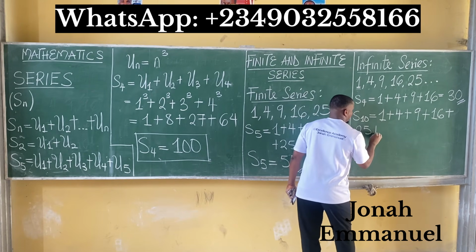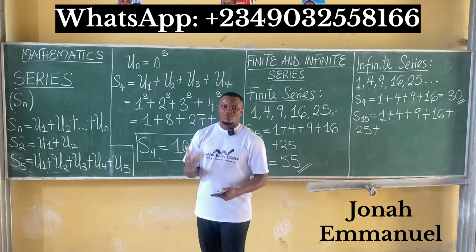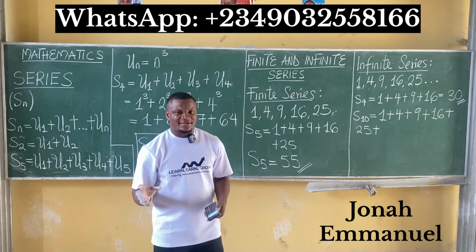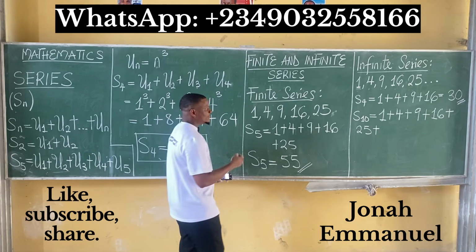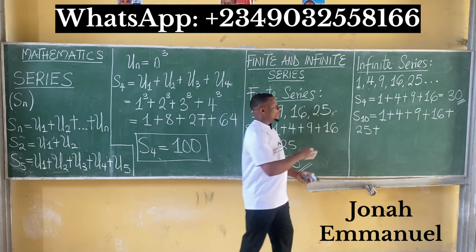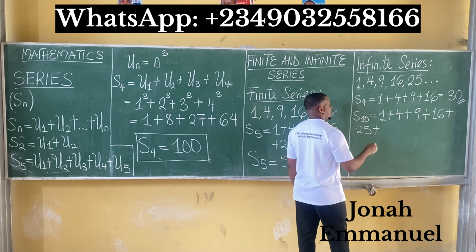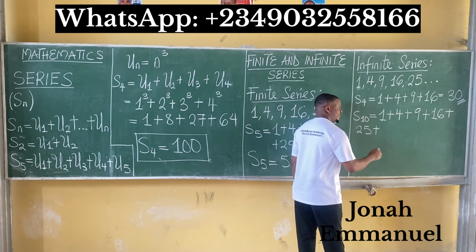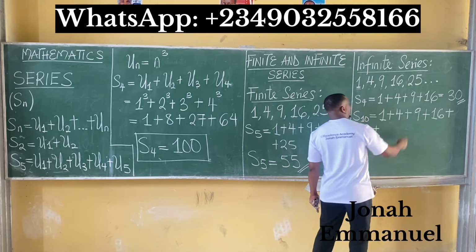The question would be, did you observe the pattern of this sequence? We said each sequence follows a particular pattern. Now, looking at this, what do you think is the pattern to finding the terms of this particular sequence? 1 is simply 1 squared, 4 is 2 squared, 9 is 3 squared, 16 is 4 squared, 25 is 5 squared.